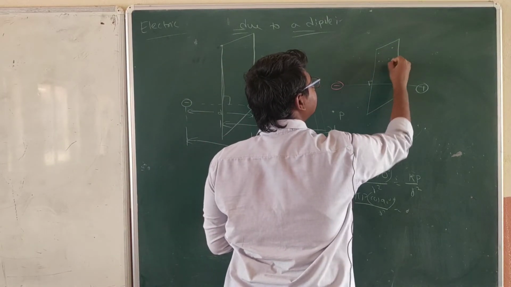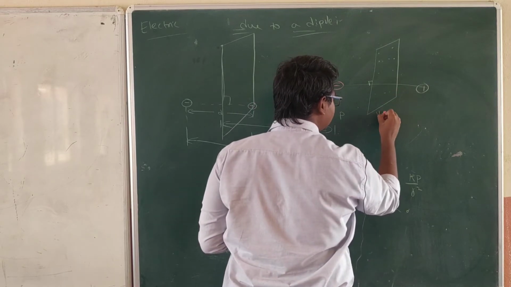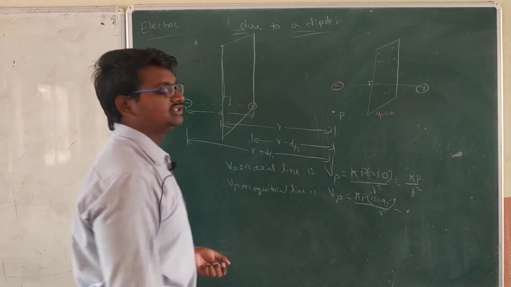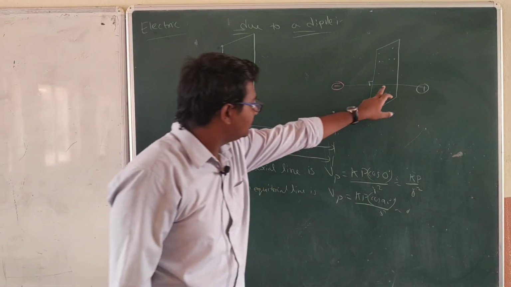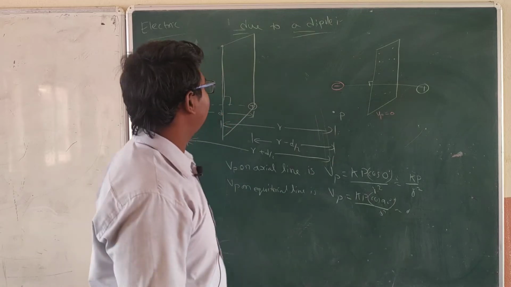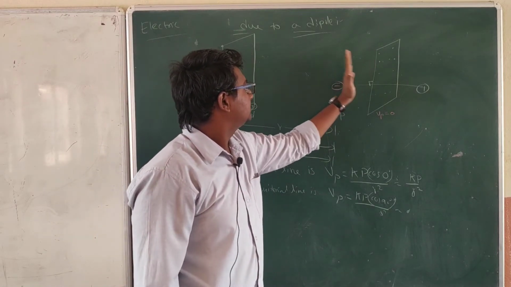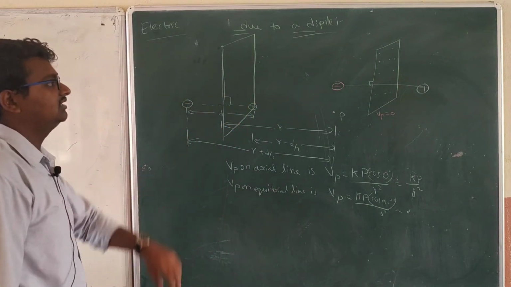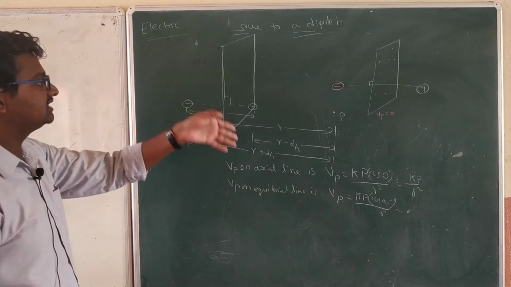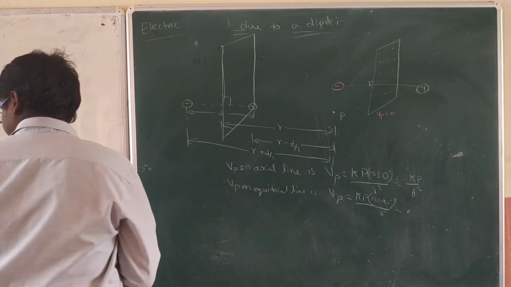Every point on it will have equal potential, and Vp equals 0. That is an equipotential surface. In the same manner, if you consider these planes anywhere, we will get equipotential surfaces, depending on the situation. Exactly at the center it will be 0 potential. Fine.